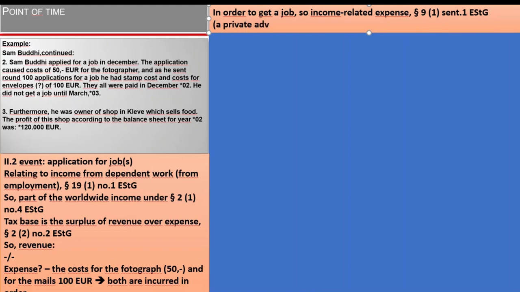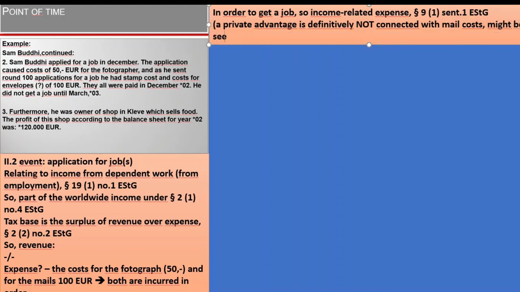A private advantage is definitively not connected with the mail costs. Sending applications to a future employer has probably really no private consumer related advantage.